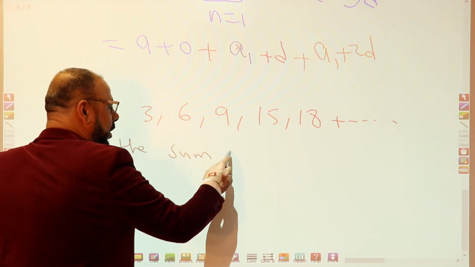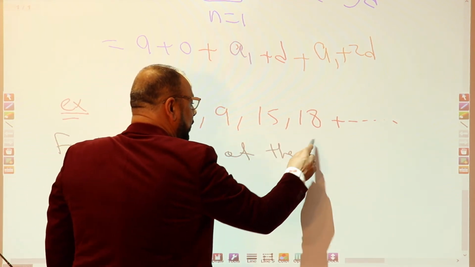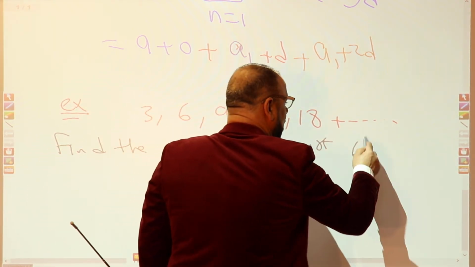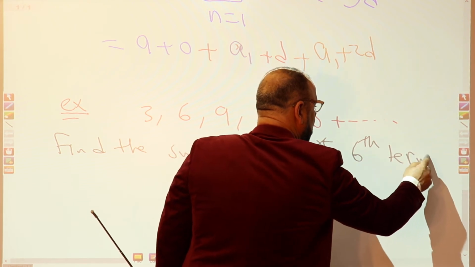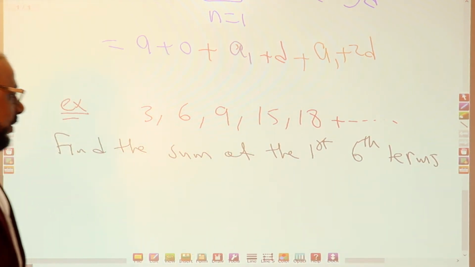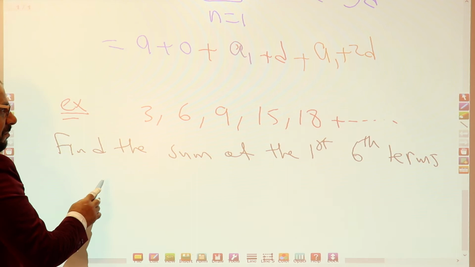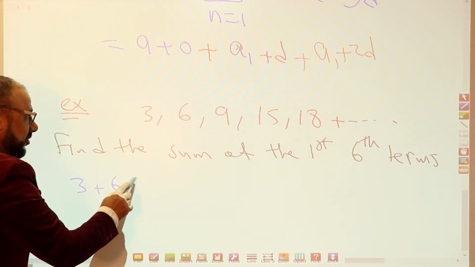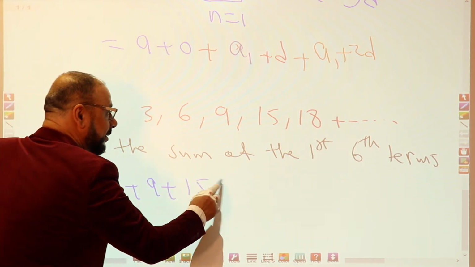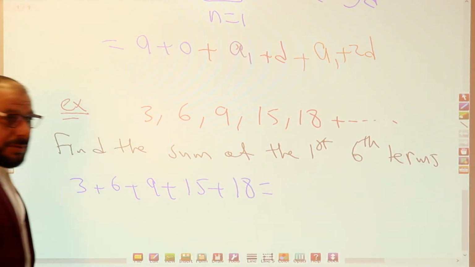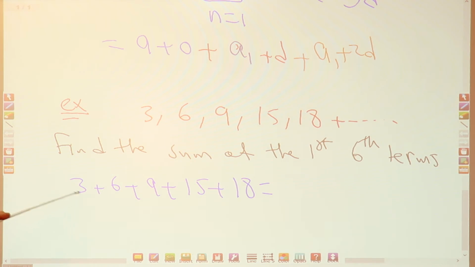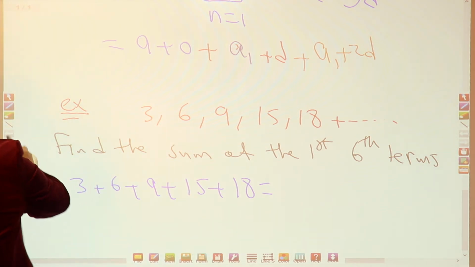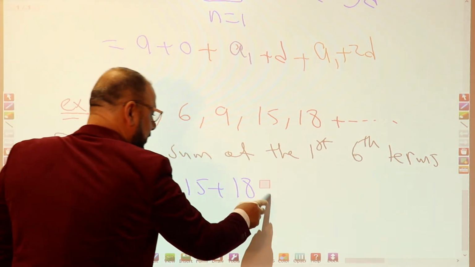Find the sum of the first 6 terms. Add them up: 3 plus 6, that's easy to do, right? Then 9, 18, and you need 21 too. The 6th term, okay, I'm sorry. Small eraser here.